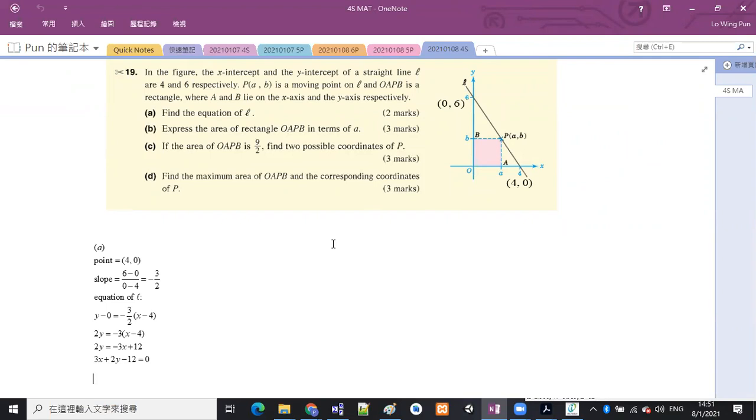So we need to eliminate the unknown B first.